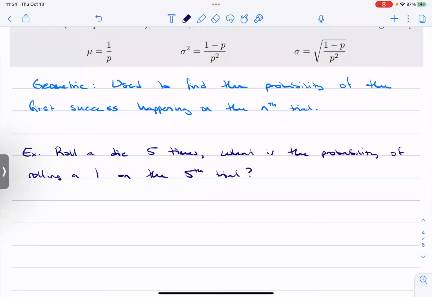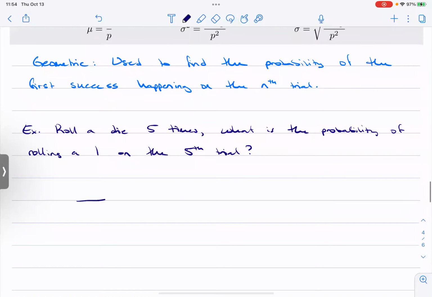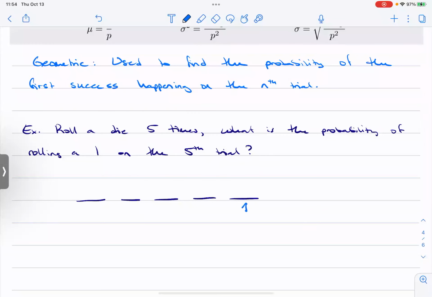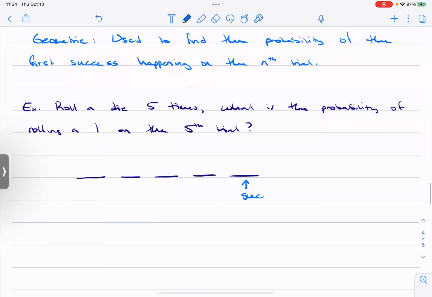Usually students look at me and start drawing the lines to see if they're on the right track. You would draw trial 1, 2, 3, 4, 5. Now I'm forcing the 5th trial to be a success, which has a probability of 1 in 6.